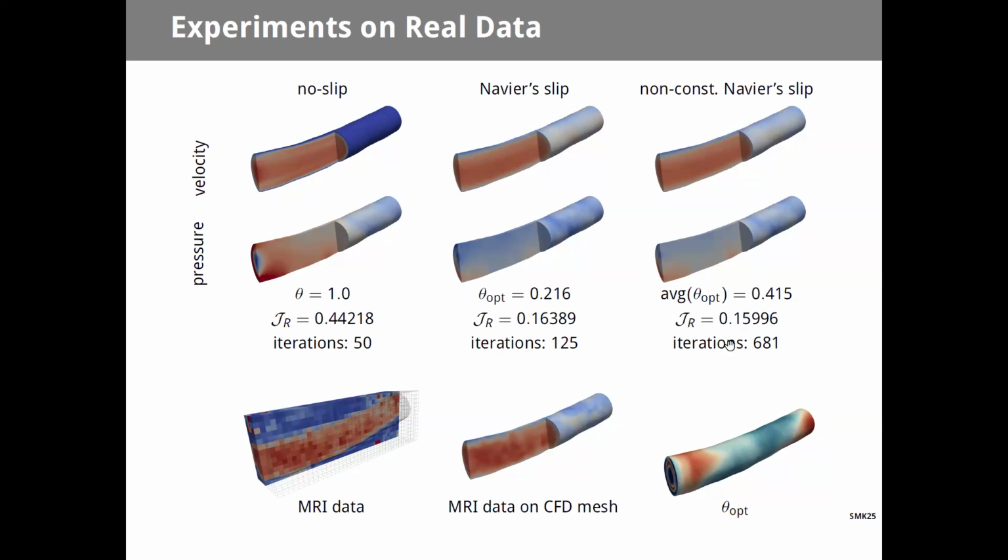And this is even one more extension, that you allow this slip parameter to be variable in space. So you can get different slip coefficients in different parts of the domain, and you get some interesting picture which can be interpreted in several ways.